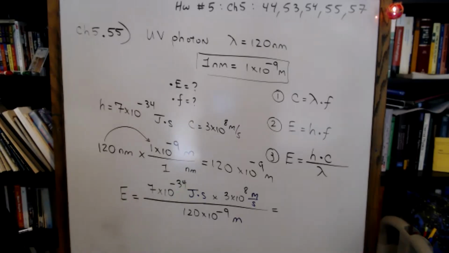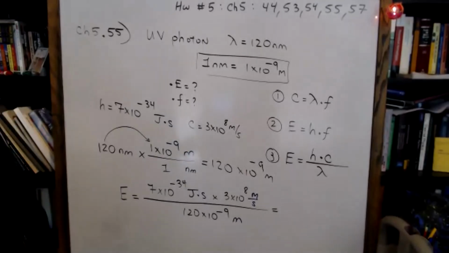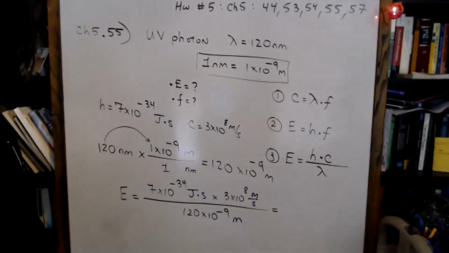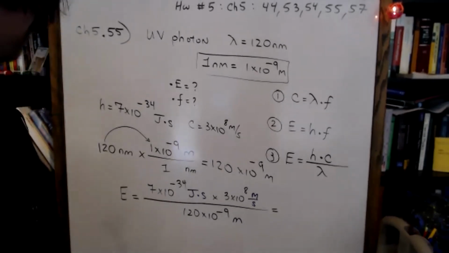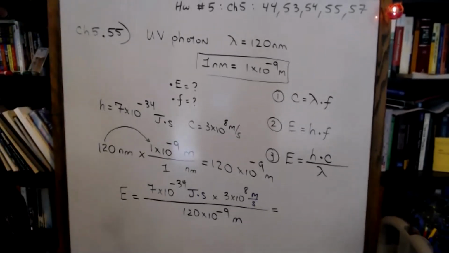Negative 25 plus 8 will bring you to 1.8 times 10 to the negative 18.